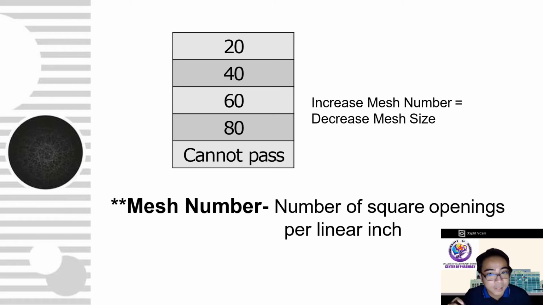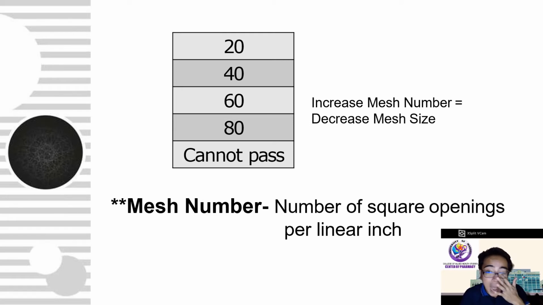Now, here are examples, class, of mesh size numbers. Okay, so you have 20, 40, 60, 80 mesh. Okay, the mesh number, class, dictates the number of openings per linear inch. Okay, so how many openings are there per inch?